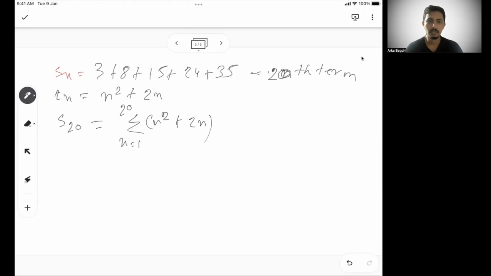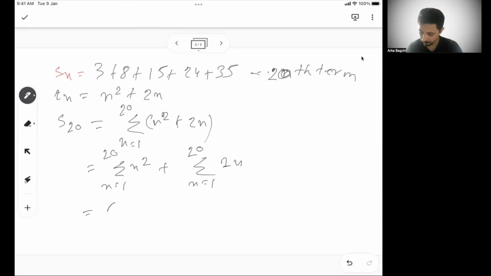So 20 terms, n equal to 1 to 20, n square plus 2n. Now, if I further break it, it will be summation n equal to 1 to 20 of n square plus summation n equal to 1 to 20 of 2n, right? I'm just breaking this.